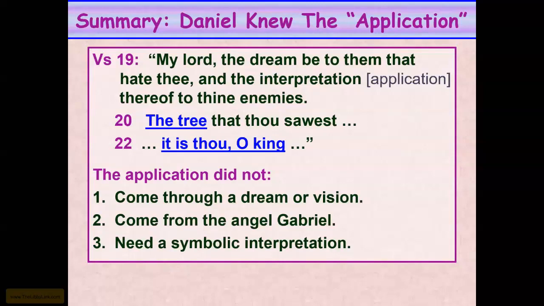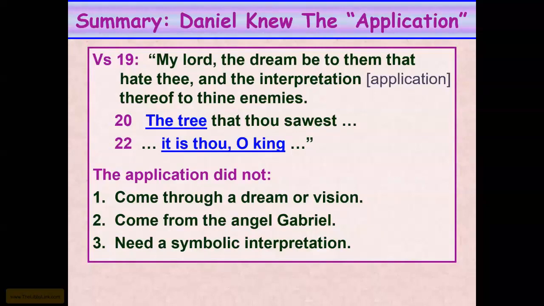The gold head most definitely needed an interpretation. We remember Daniel and his friends going back and praying to Yahweh to reveal the dream and reveal the interpretation. Remember, Daniel understood Ezekiel's prophecies for the kings of Assyria and Egypt, and he would have known about the prophetic fulfillment for the Pharaoh of Egypt.